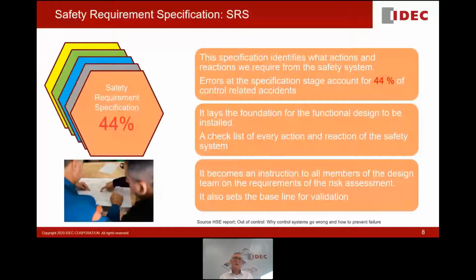Again, I mention the word cyclical because all the time, if we keep doing risk assessment on a regular basis, we may have the potential to detect those errors and faults at an earlier stage, and ideally before an accident occurs. The safety requirement specification lays down the foundation for the design to be installed.